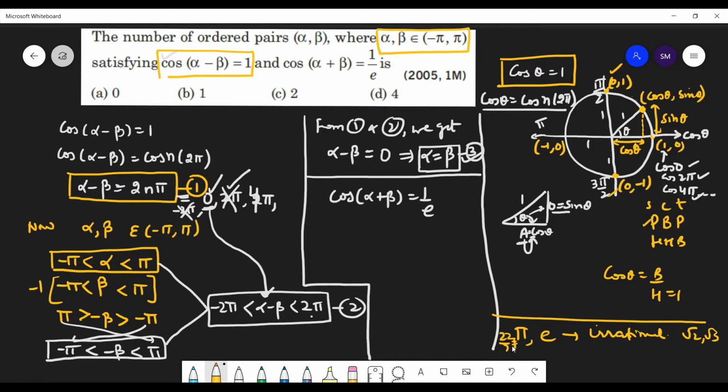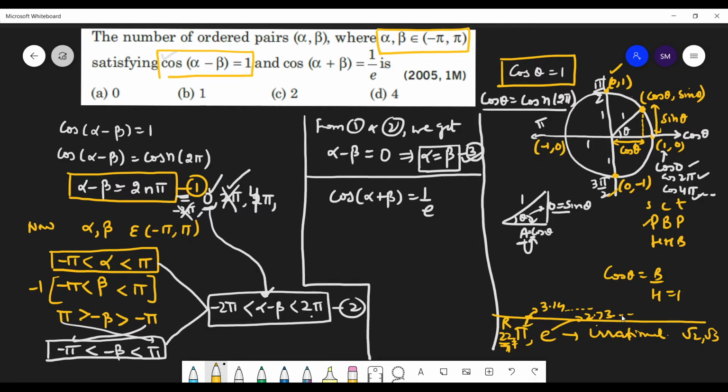This is not the exact value, because 22 by 7 is a rational number and pi is an irrational number. This is the approximate value of pi that we take. Otherwise, the value of pi in decimal form is non-terminating and non-repeating. Similarly, the value of e will be 2.73 and so on. Is this okay?